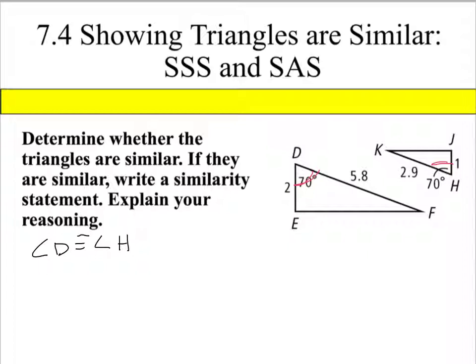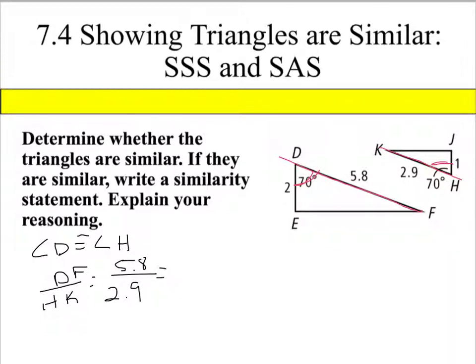What else do we know? We have to look at the ratios, or scale factors, of the corresponding sides. I'm going to look at the two longest sides, DF and HK. I'm going to put those one over the other: 5.8 over 2.9.